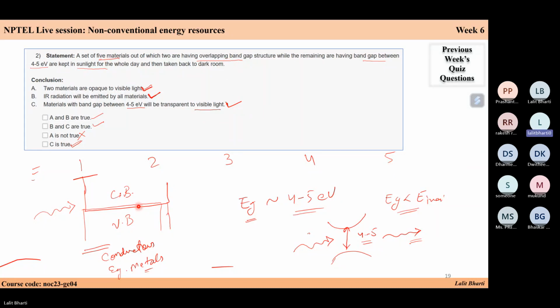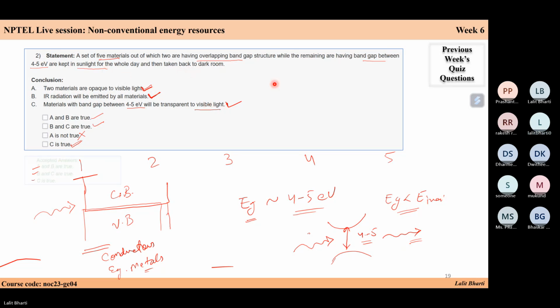So 2 are overlapping. So this is your conduction band, this is your valence band. So these 2 are overlapping, means they are conductors. And the remaining have band gap around 4 to 5 electron volts. So 4 to 5 means they are simply non-conductors, or you can say insulators, because if they were semiconductors, their band gap would be below 2 electron volts.